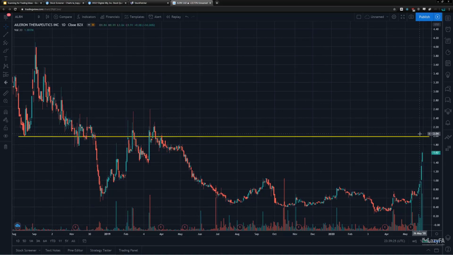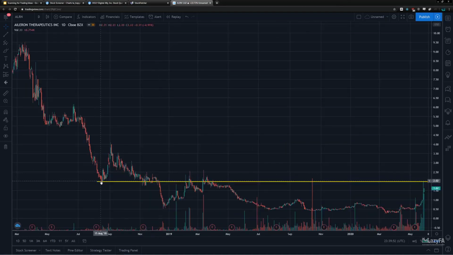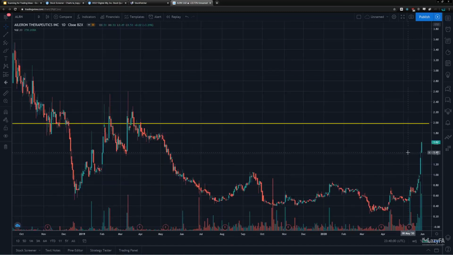And this would be a really good place in my experience to start considering it for a short sale, because if it pushes up to $2, then it's gone from about 65 cents to $2 nonstop without any rest. So some people are going to take profits eventually, right? So $2 would be a nice round number. It's got a prior inflection point there looking back at history. So that might be an interesting place to keep an eye on it.